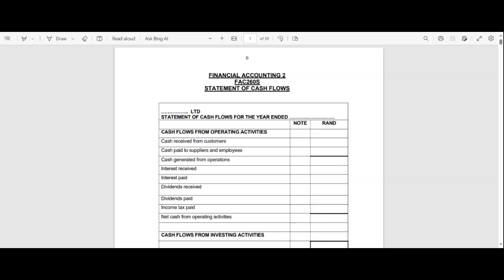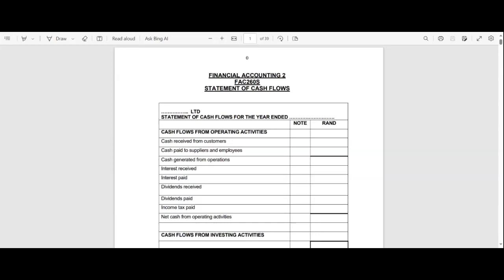So, in other words, you're going to debit your accounts receivable and you're going to credit sales. That is, in effect, the accrual system in action. So, you have accrued that sale even though you are only going to receive the money at the end of October. But in the case of the statement of cash flows, we are only interested in the flow of cash.